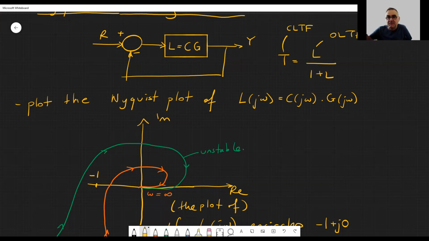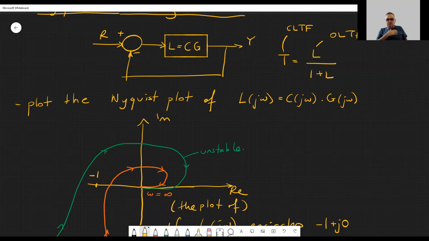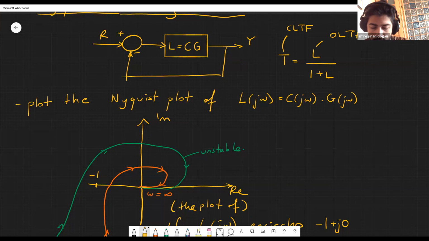Unity feedback has nothing to do with it. But I mean, we define L as G times C, and G times C over 1 plus G times C is the same definition we made to calculate the closed loop transfer function. So aren't they the same thing?